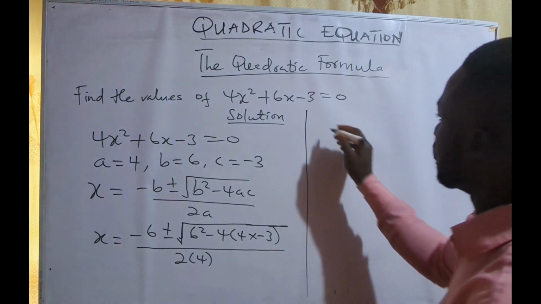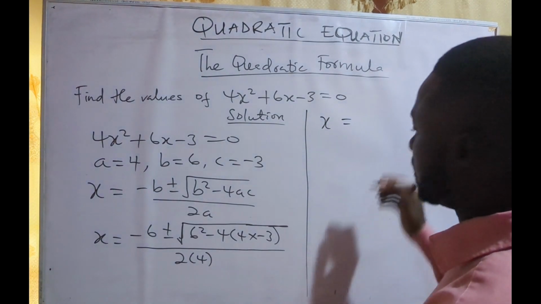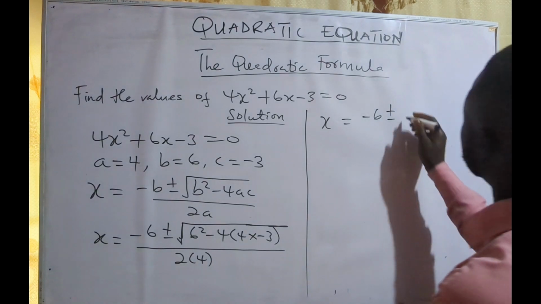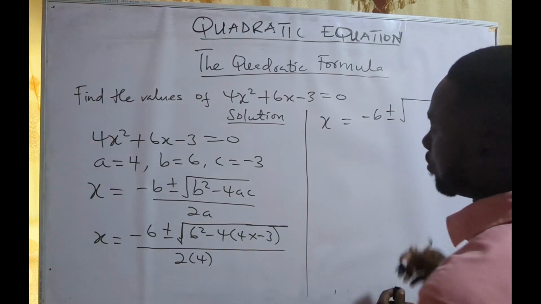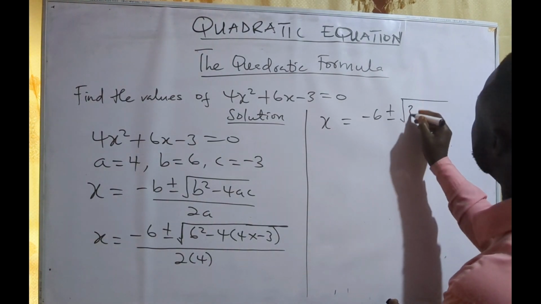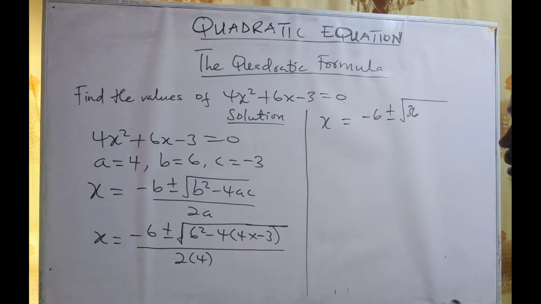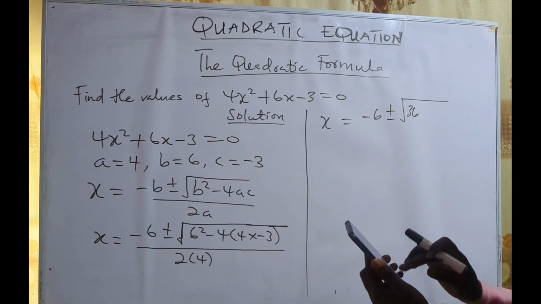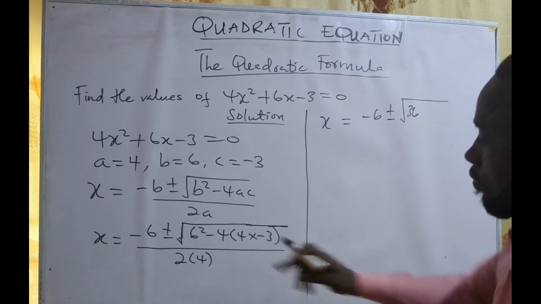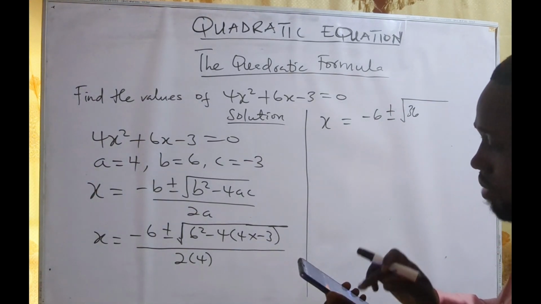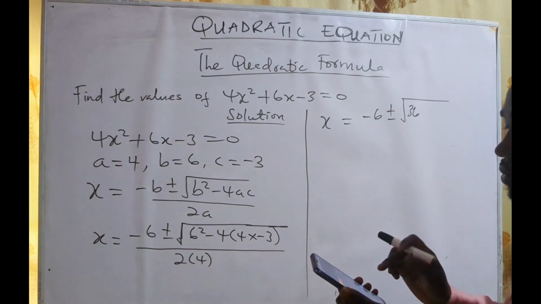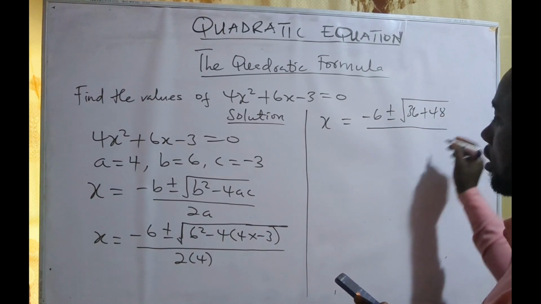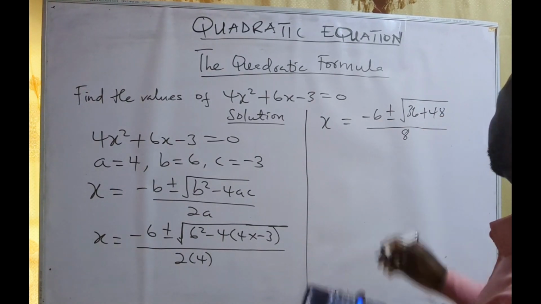Okay, so my x will be equal to what? Negative 6 plus or minus, what is 6 squared? 36. Okay, and then negative 4 times 4 times negative 3 will give me plus 48, all over 2 times 4, which gives me 8.